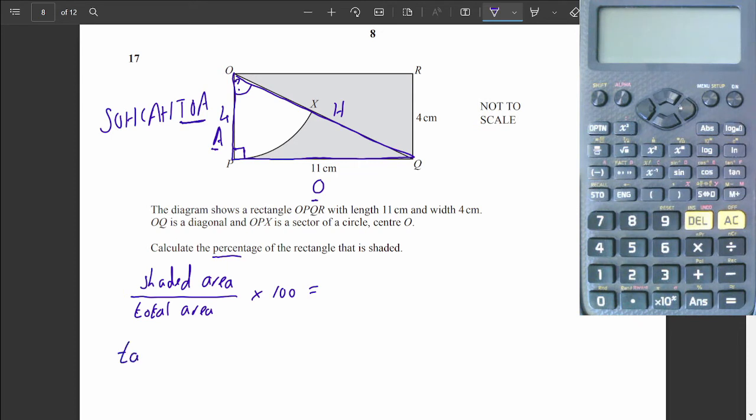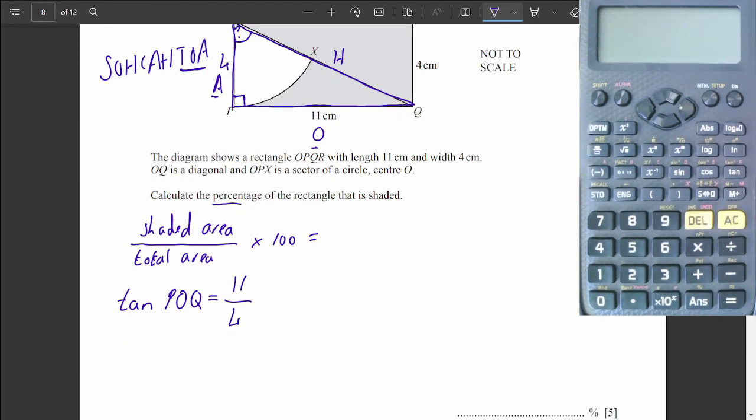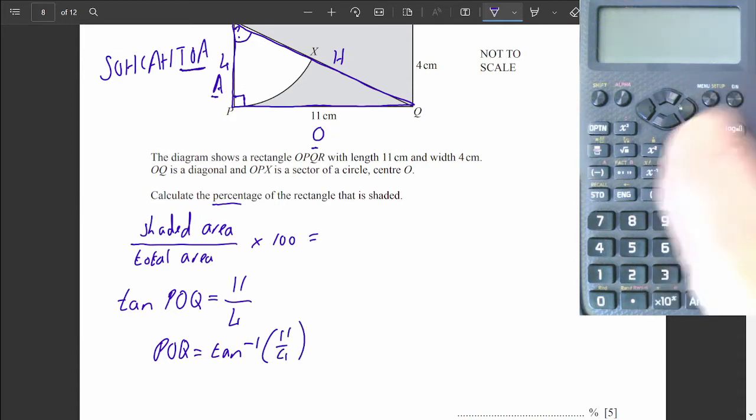So we're going to start with it. Tan. The angle we're working out here is POQ equals, write the opposite first, that's 11, over the adjacent, which is 4. So to get the actual angle, we need to move the tan across. So the inverse of tan, 11 over 4. So let's do that.